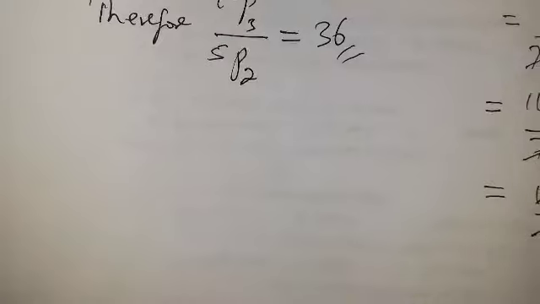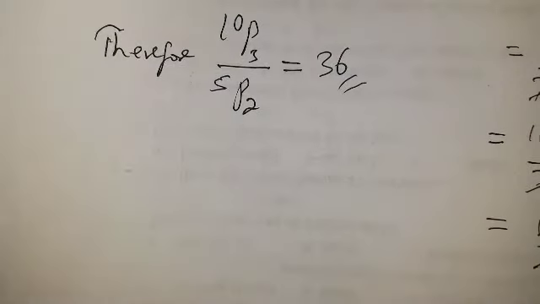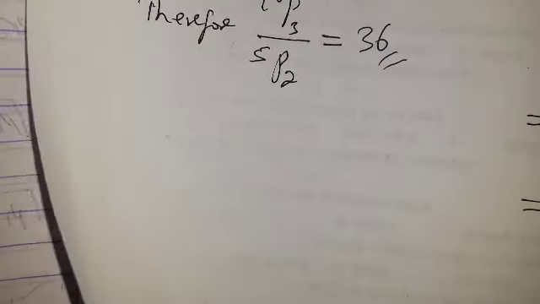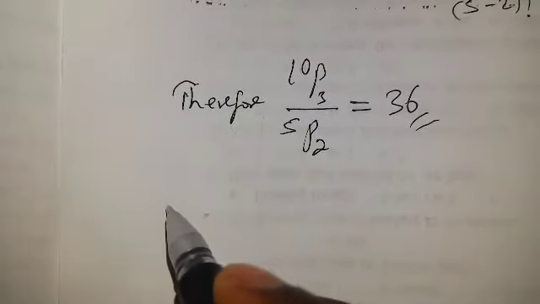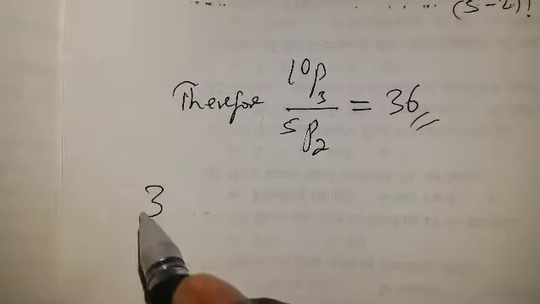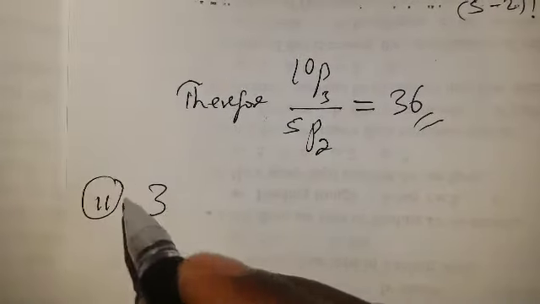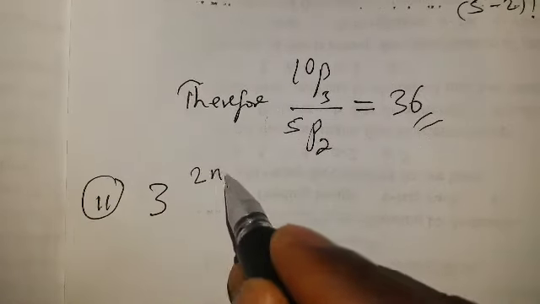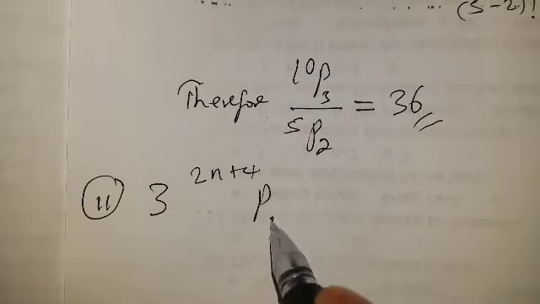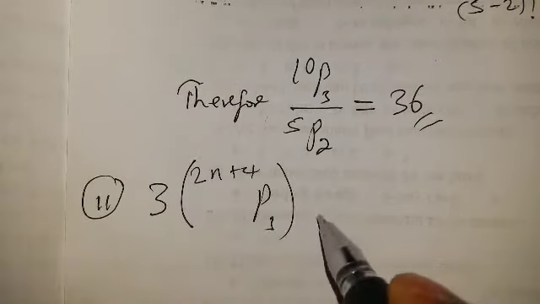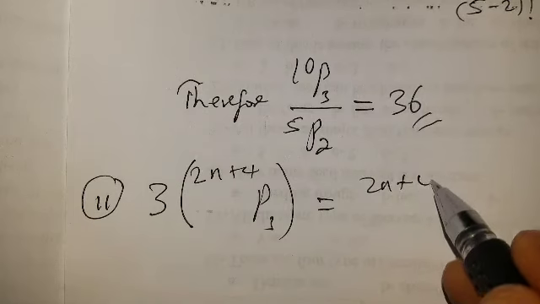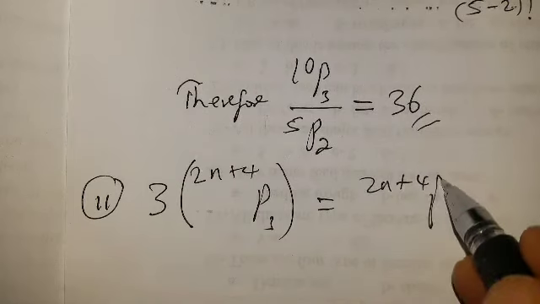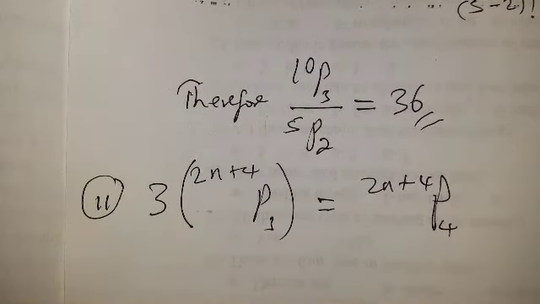So now if we have example 2, if we have (2n plus 4) permutation 3 equals (2n plus 4) permutation 4.